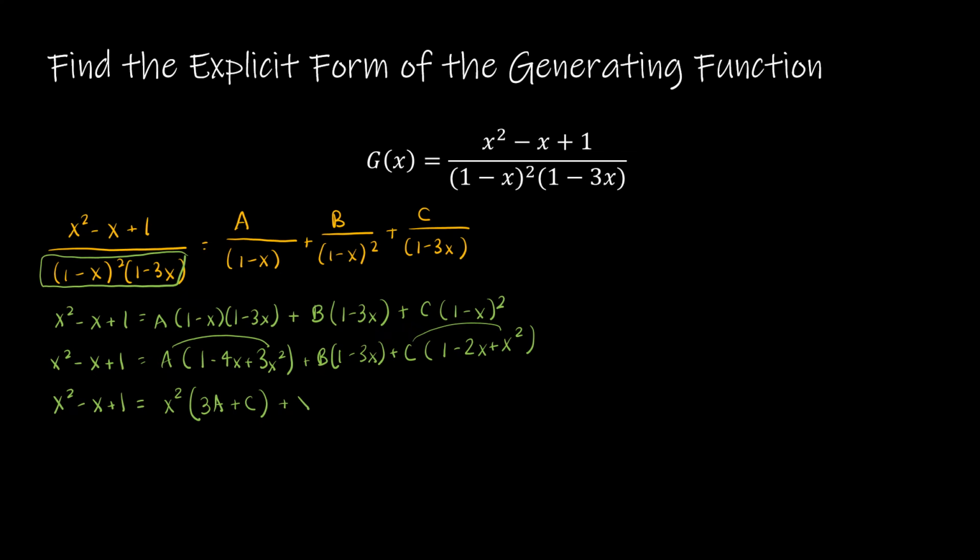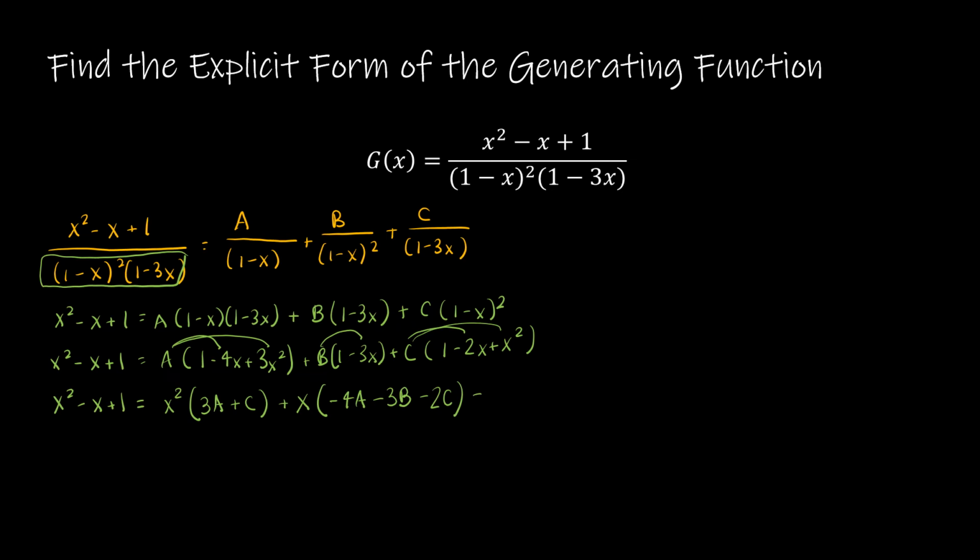And then how many values do I have for x? Well, I have minus 4Ax, so minus 4A. I have plus B and then minus 3Bx, so minus 3B, but I factored out the x. And then I have minus 2Cx. So again, factor the x out of each of those.